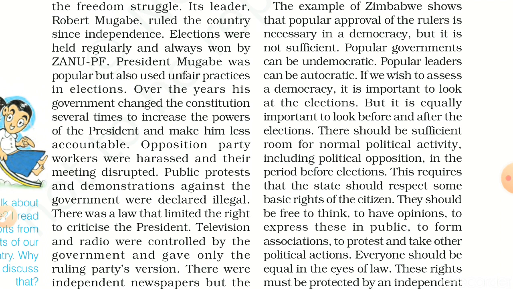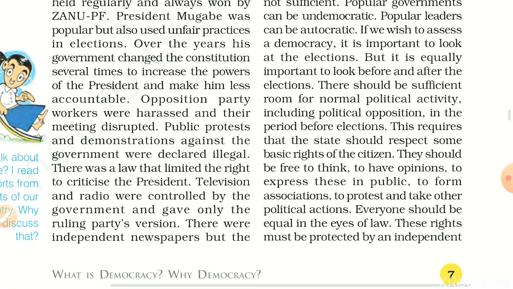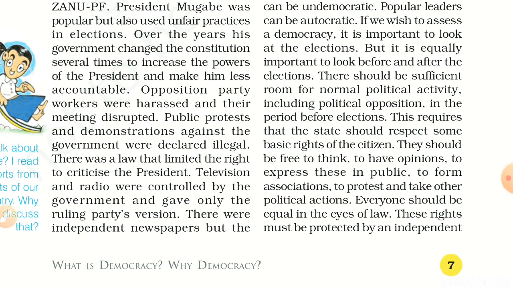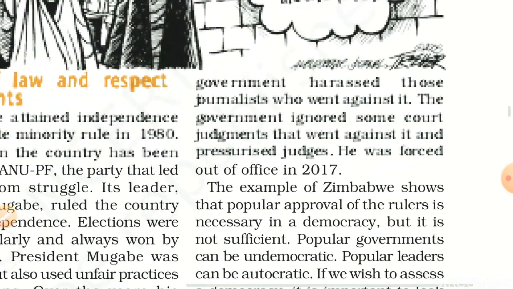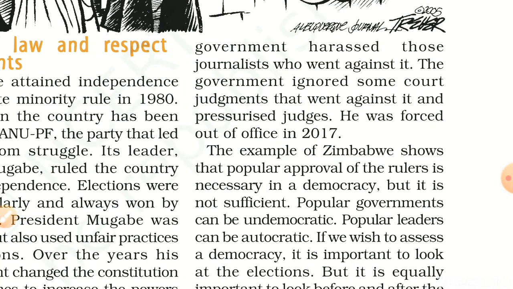Public protests and demonstrations against the government were declared illegal. There was a law that limited the right to criticize the president. Television and radio were controlled by the government and gave only the ruling party's version. And the government harassed those journalists who went against it.